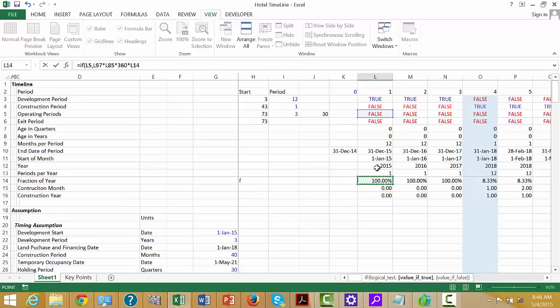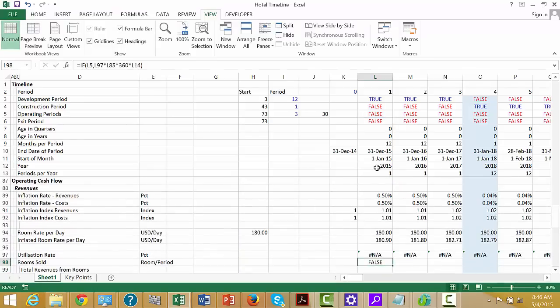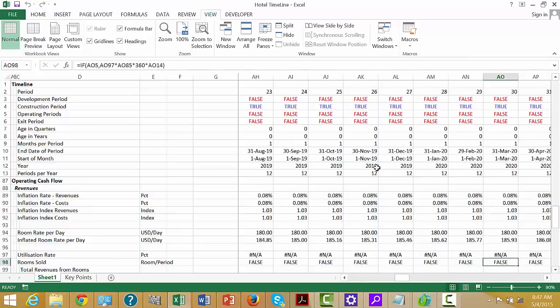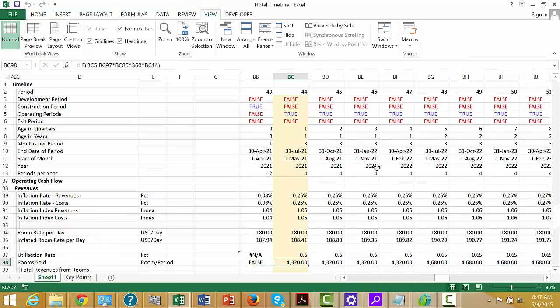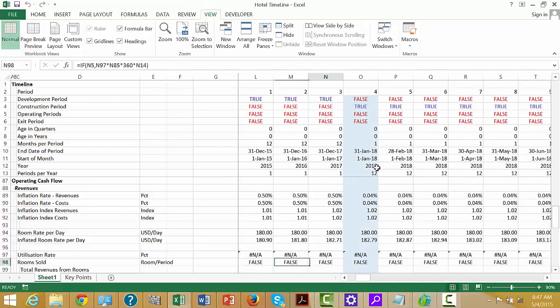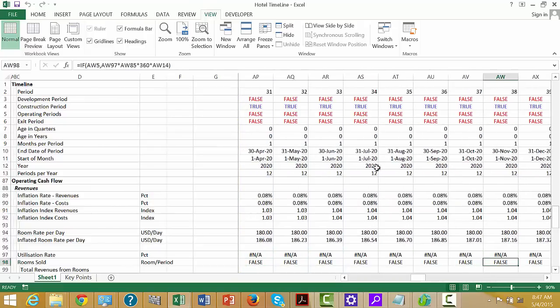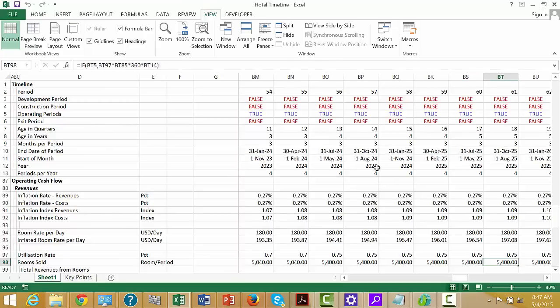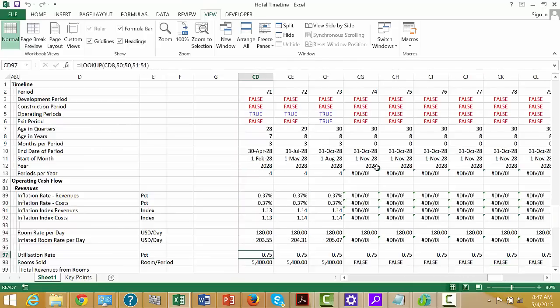Now, okay, so this is how many rooms we actually sold in the quarter, adjusted for the occupancy rate. Okay, and what happened here? You know what I should have done is, oh no, periods per year.